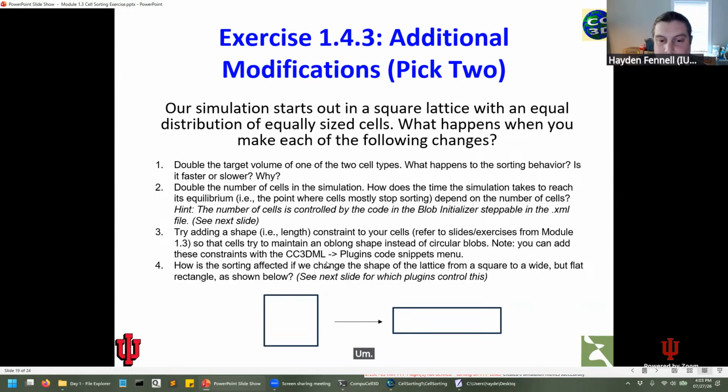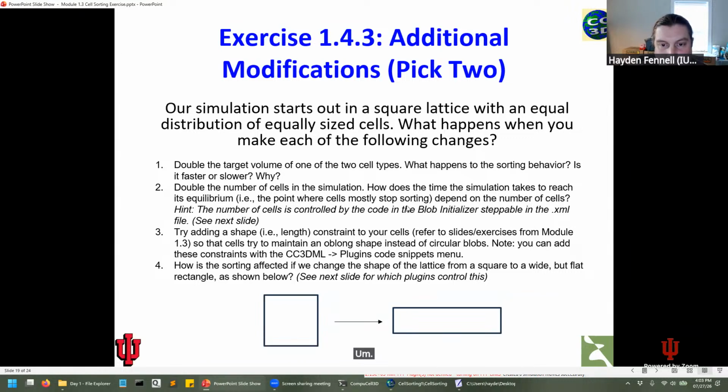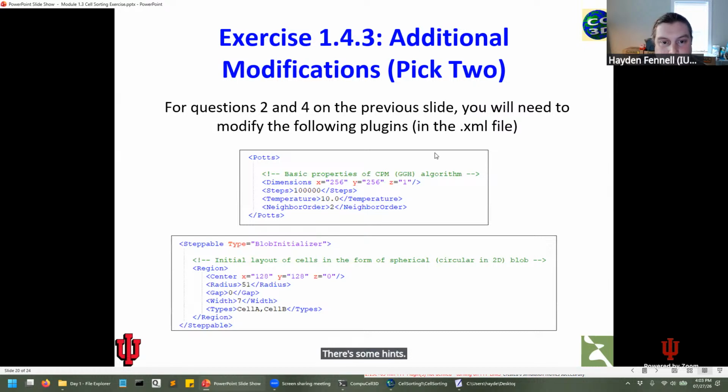Another thing you can try is how sorting is affected if you change the shape of the lattice from a square to a wide but flat rectangle. There are some hints in the slides here for questions 2 and 4 about how to change those to get those different effects.